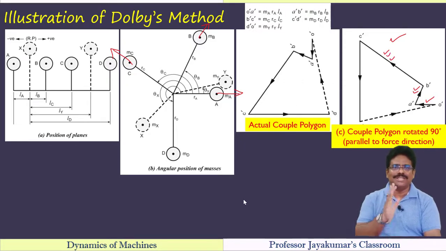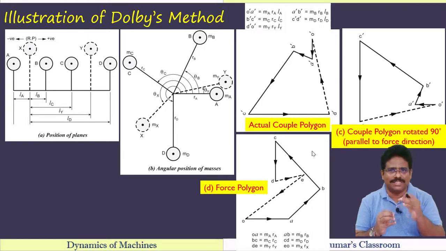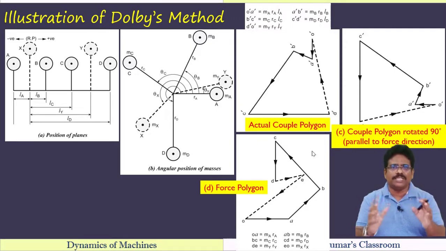So both are in the same direction. This is Dolby's method. Dolby's idea is that if you rotate the couple polygon by 90 degrees so that the couple vector is parallel to the force vector, by doing so, the relative positions between the various couples have not changed. So it doesn't affect our answer because of rotation by 90 degrees. That is the idea given by Dolby.